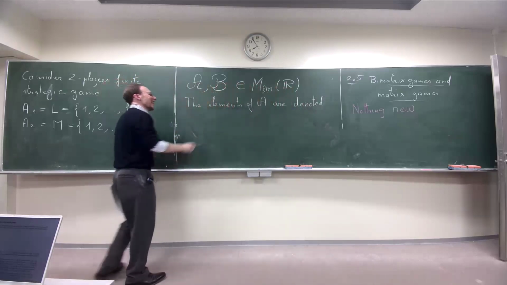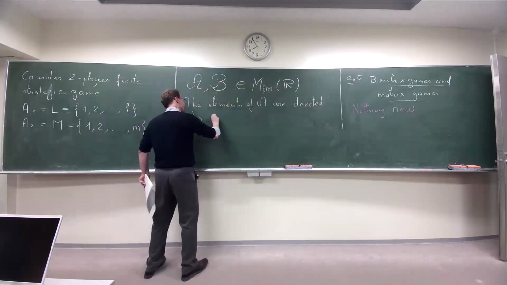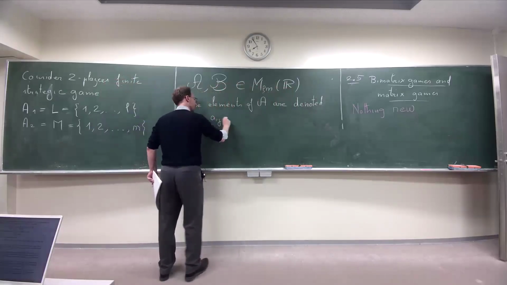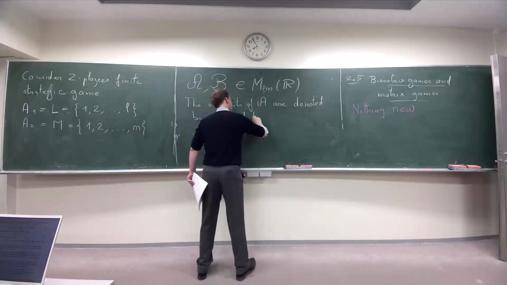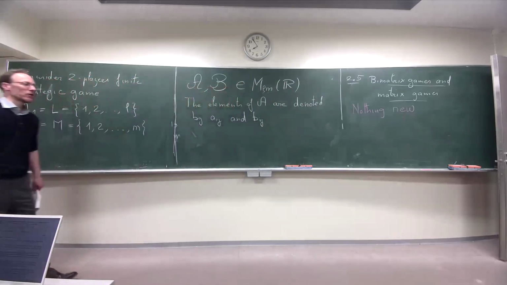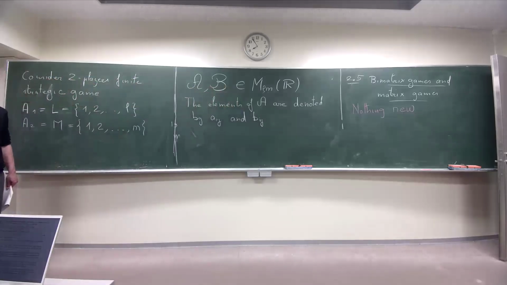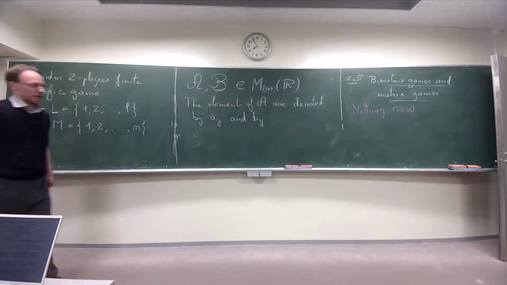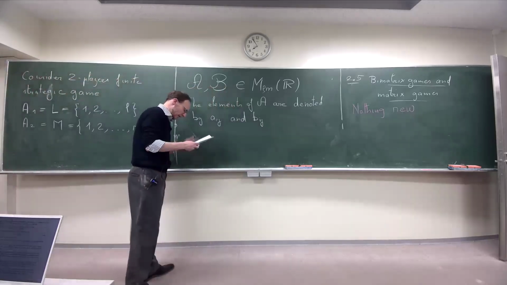The elements of A and B are denoted by a_ij and b_ij. So the entries of the matrix, I'm going to denote them by a_ij or b_ij like this. This is the notation.